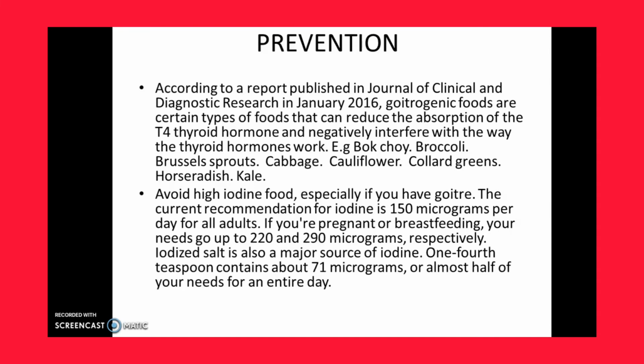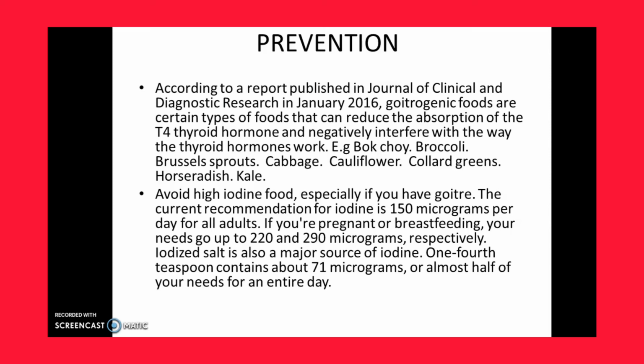Also, you can do prevention by avoiding high iodine food, especially if the person has goiter. The current recommendation for iodine is 150 microgram per day for all adults. If you are pregnant or breastfeeding, that's when there is a high requirement. Like I said, it could even present with goiter.